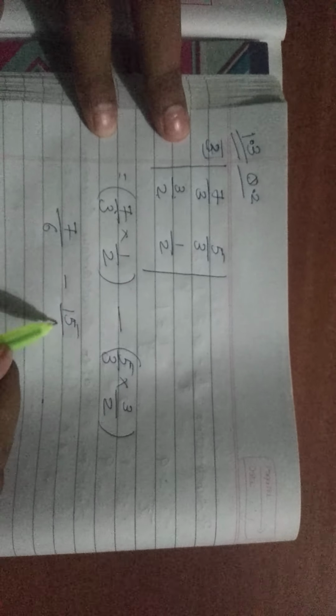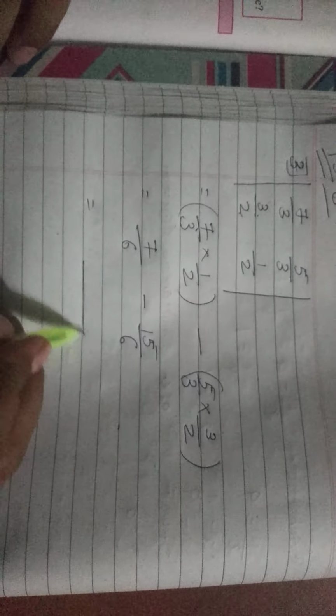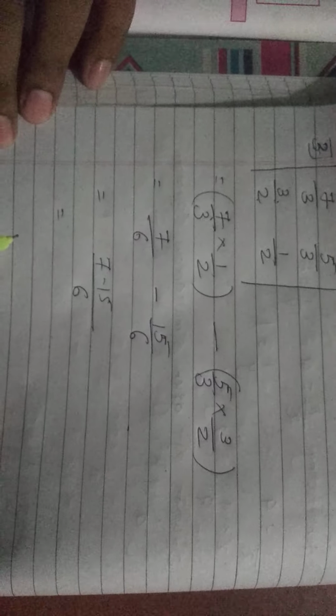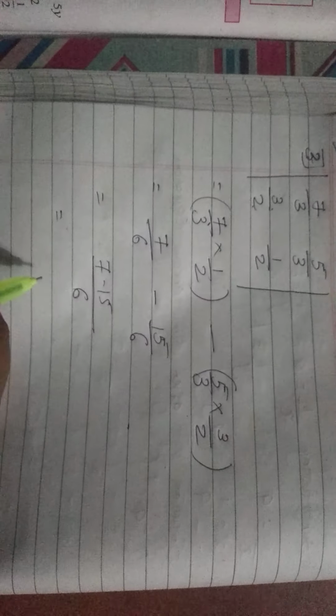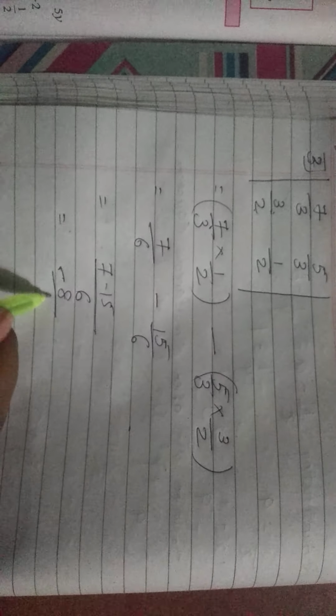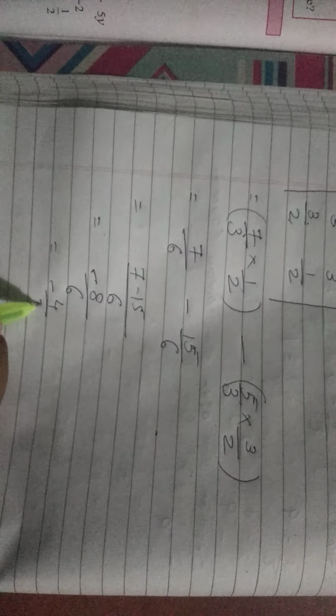So 7 ones are 7, 3 twos are 6, minus 5 threes are 15, 3 twos are 6. So LCM is what? 6. So 7 minus 15 will give you what? Minus 8. So minus 4 by 3 is your answer.